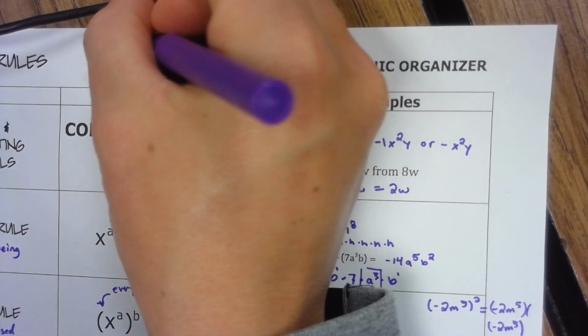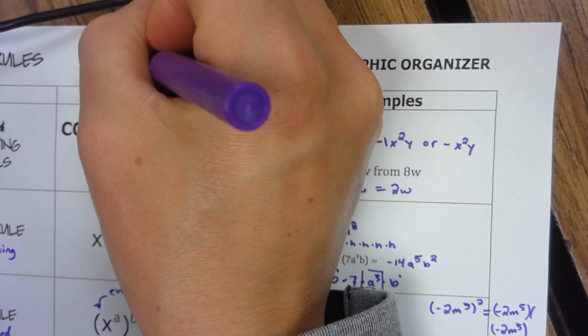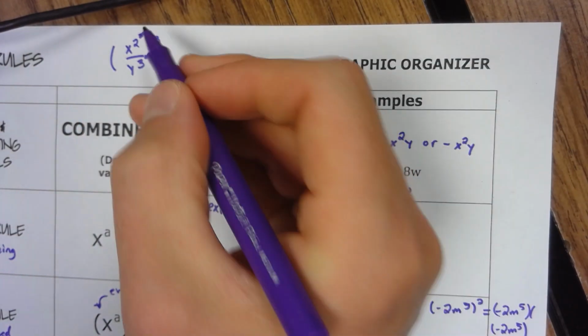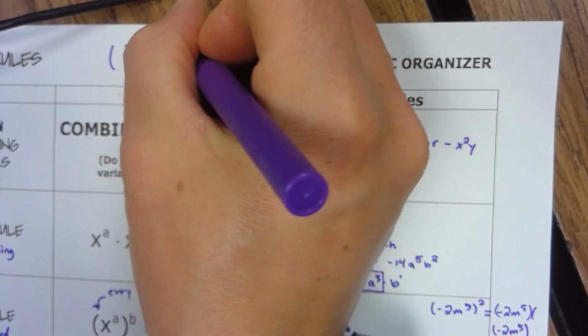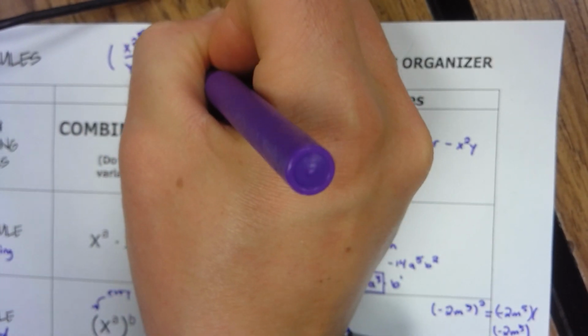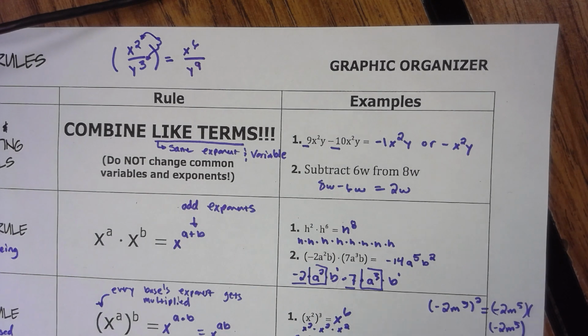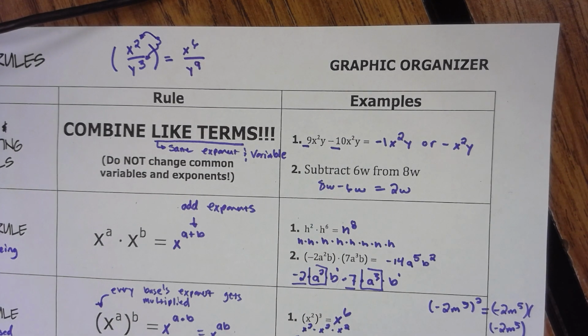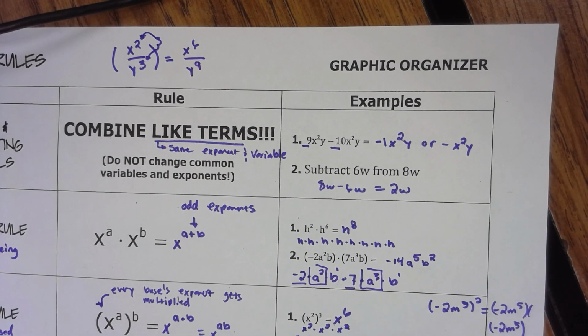So I almost think about it as like the distribution property with exponents. Okay, so that 3 multiplies to the 2, making that x to the 6th. And that y also gets multiplied, making that y to the 9th. Okay, again, you can always write out what it means to cube something to really get a good idea as to how we get those terms there.